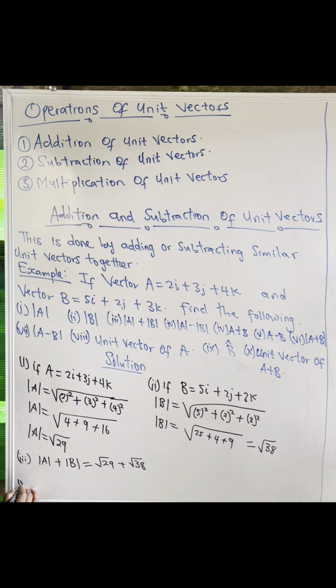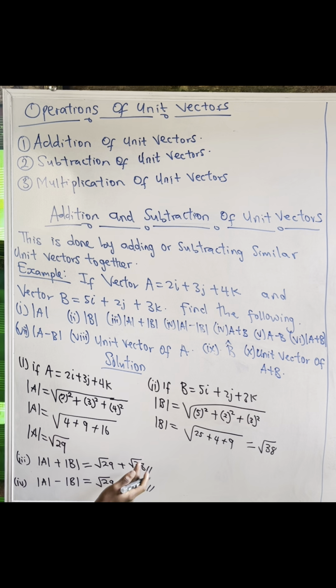And if you want the magnitude of A minus magnitude of B, then it will be root 29 minus root 38. Then you can simplify your answer. That is about that, guys.